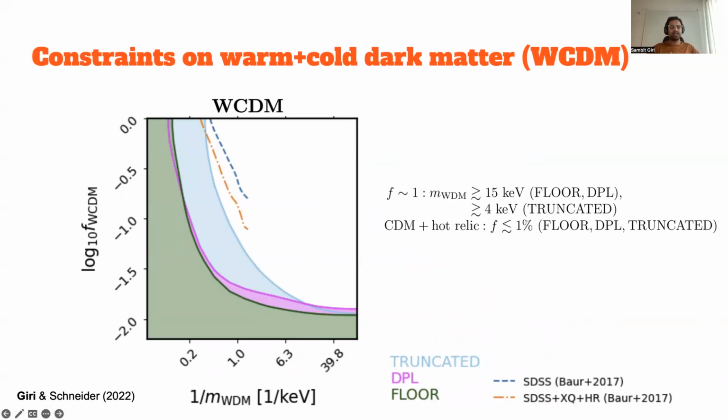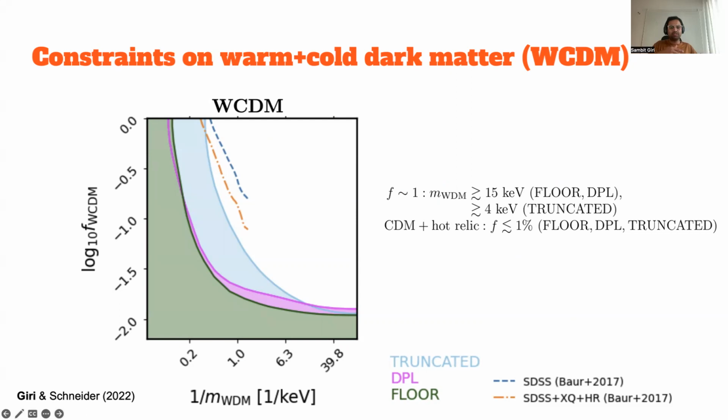The dashed and dashed dotted lines show the current best constraints on these mixed dark matter scenarios. We see here that the constraints will be improved with future SKA observation. As expected, the constraints will be most significant when sources in the small mass halos impact the intergalactic gas.